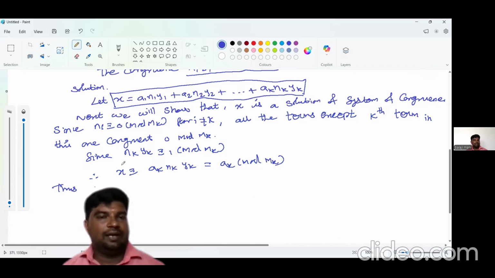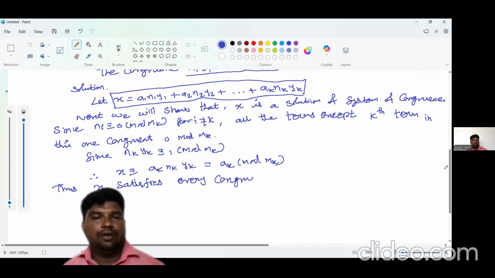The corresponding yk value will be satisfied in each of the kth components. Thus x satisfies every congruence in the given system.